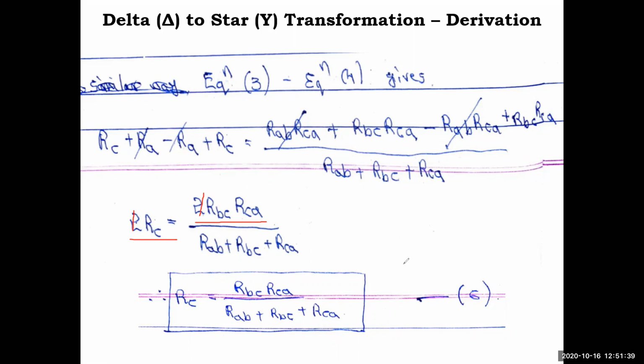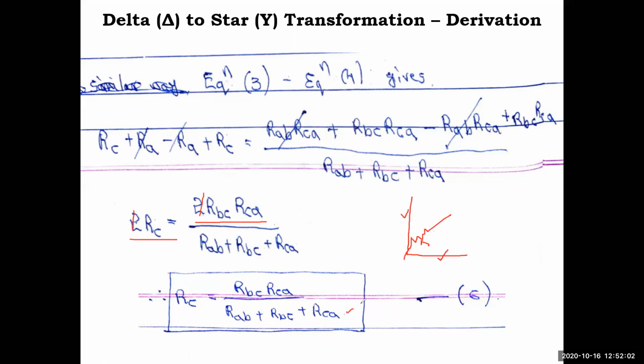So which you got? This one, the Y network. This third resistance you got is equivalent to, see here, this is the delta. This side one resistance, this side one resistance was there. Sorry, somewhat not clear. To understand here, RC is equal to the multiplication of RBC into RCA divided by the total resistance.